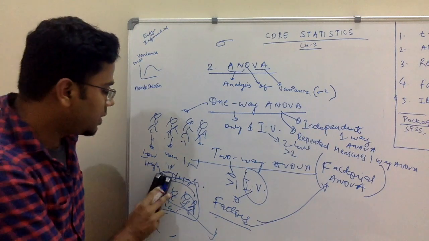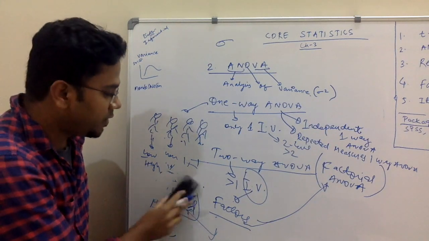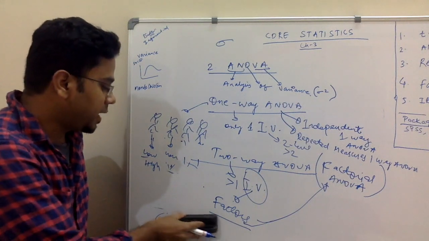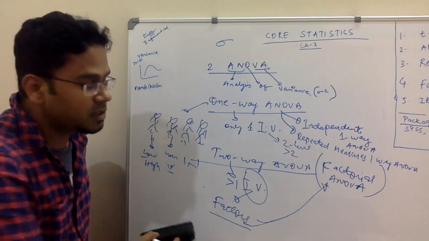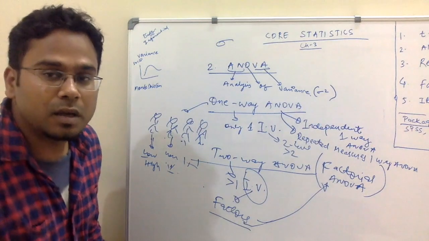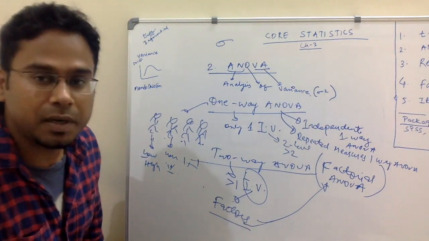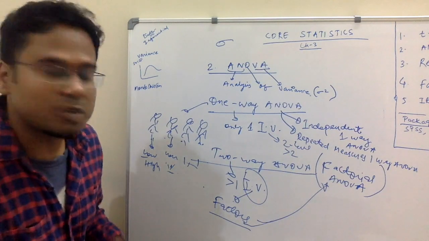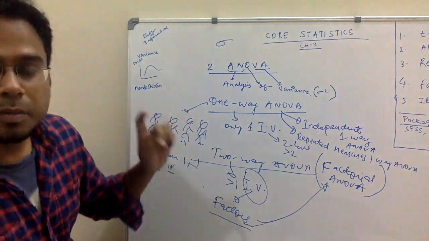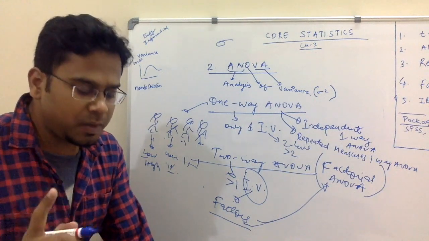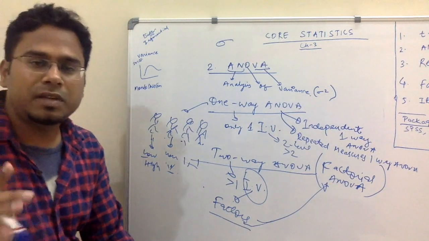Then that would be an independent one-way ANOVA. I'm explaining this because I think I should take time to explain it; maybe what I explained a few minutes ago was not properly understandable. So that would be independent one-way ANOVA, where each participant gets only one condition.